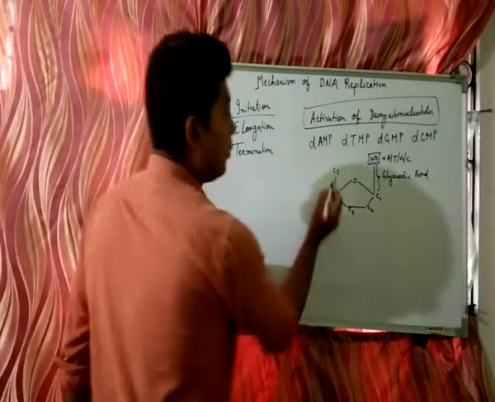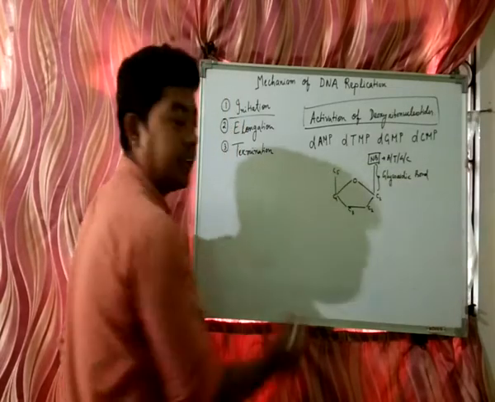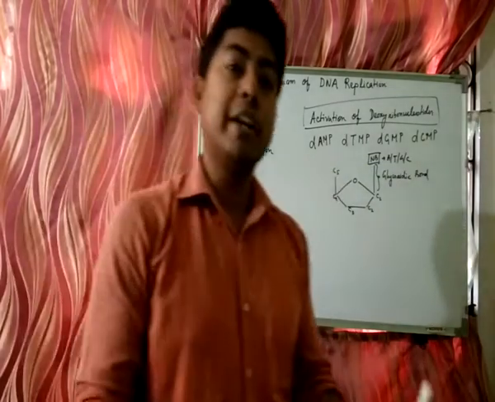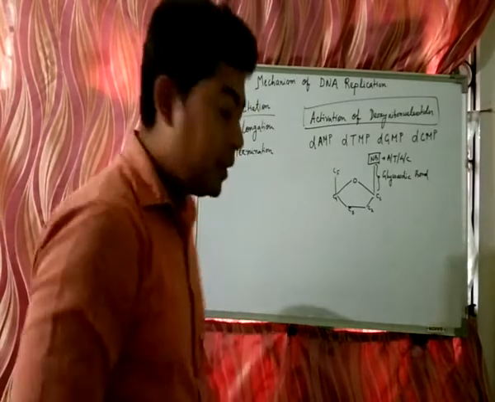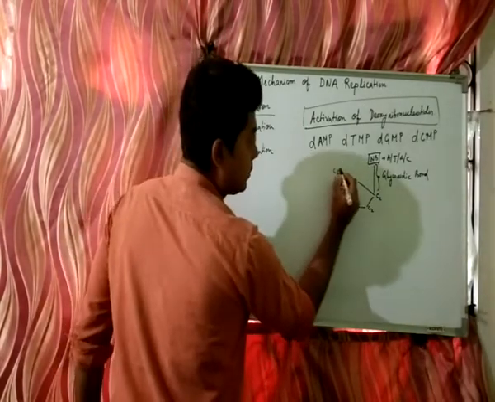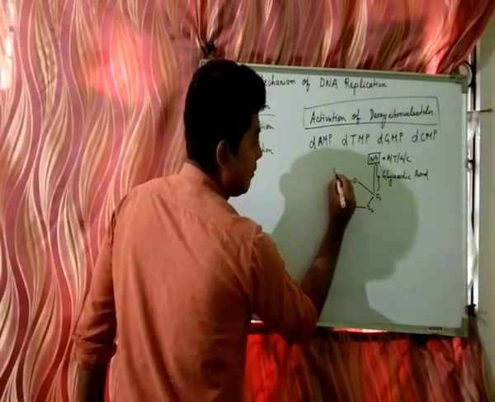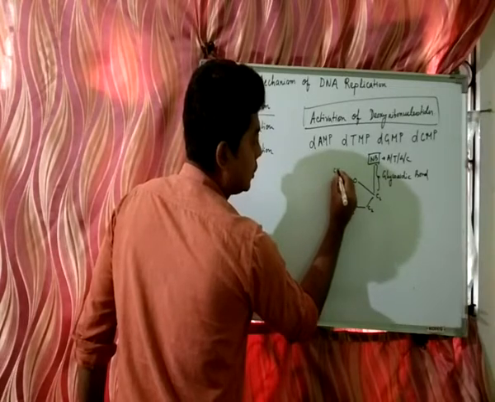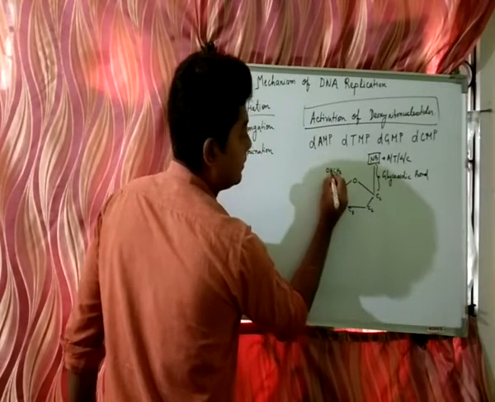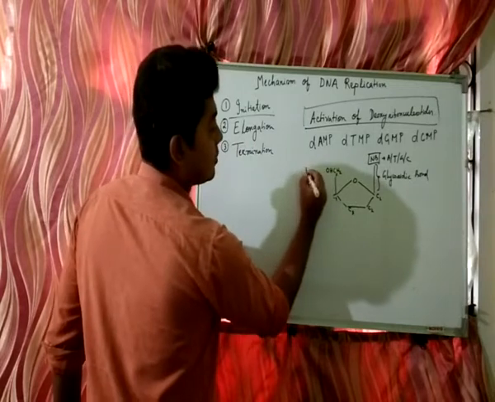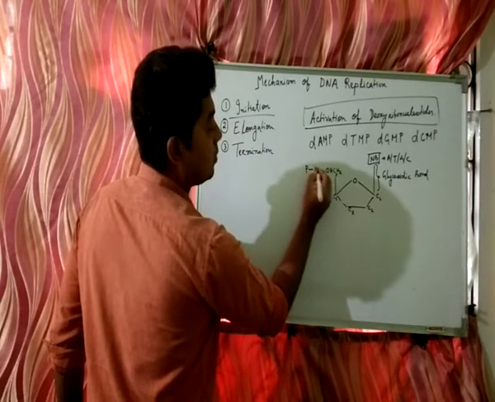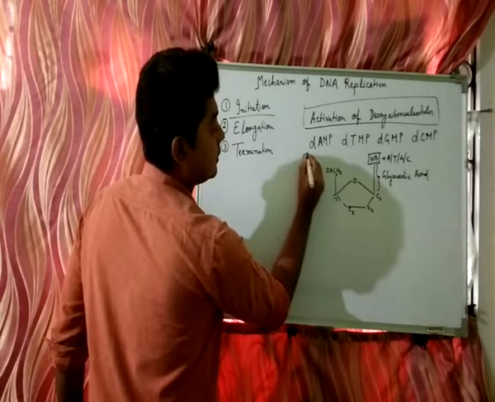Now, with this carbon 5, the phosphates are joined with the help of an ester bond. Suppose I am giving 5 here, so CH2, and an OH group is there. Then another phosphate, this is the OH group.